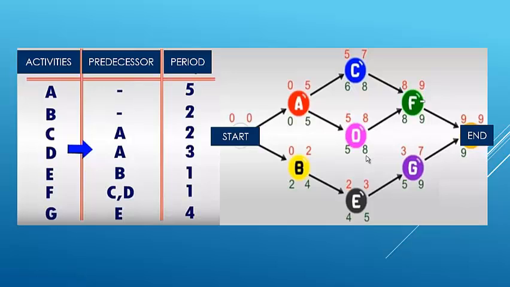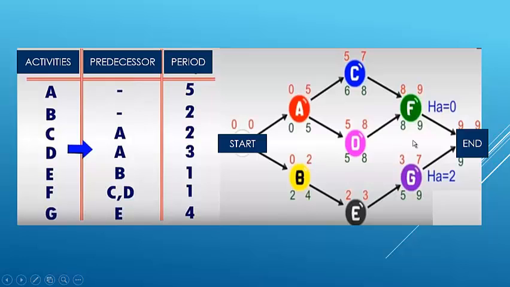For example, 8 minus, we can see in D there are 3, so 8 minus 3 is equal to 5, and continue, carry the 5 here. The time of activity A is 5, and then 5 minus 5 is equal to 0, and then we get to the start. We do the same in every route of our graphic.